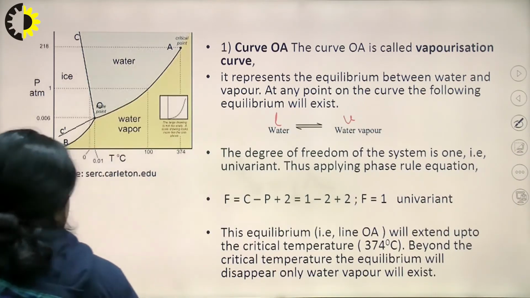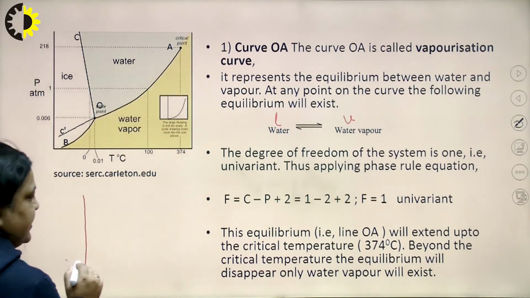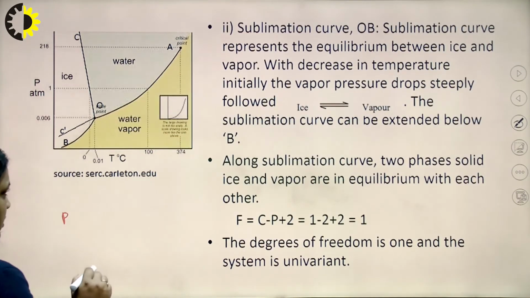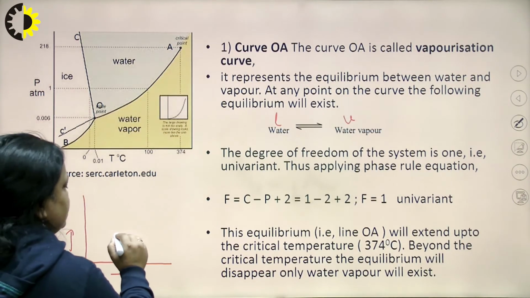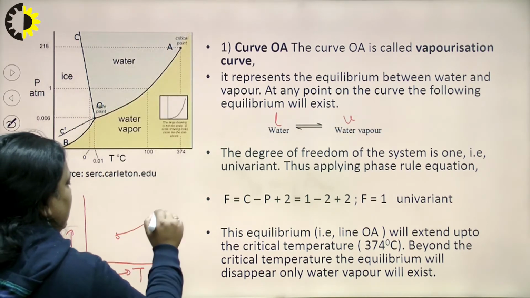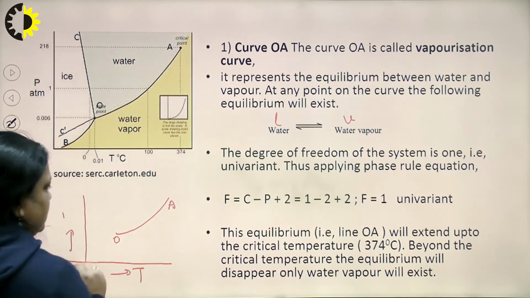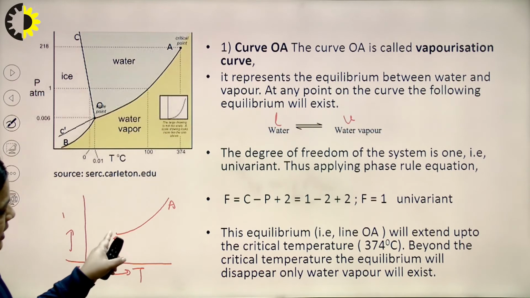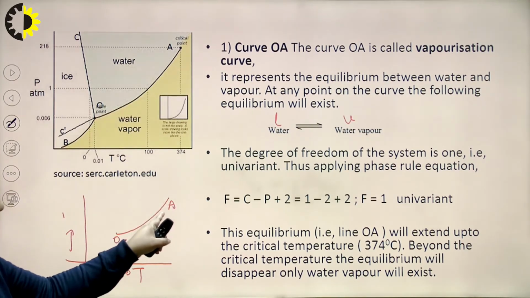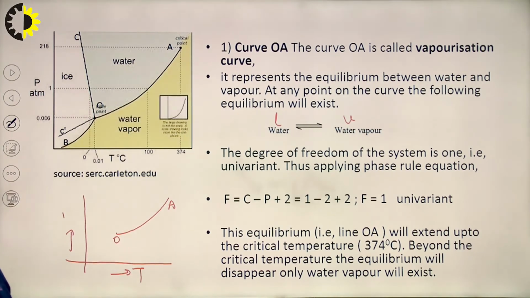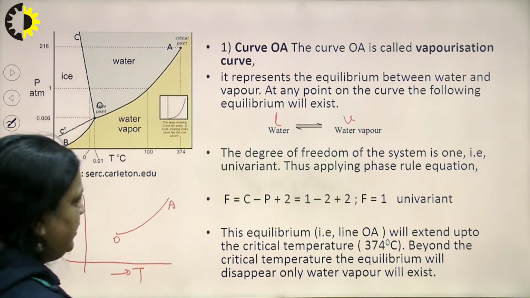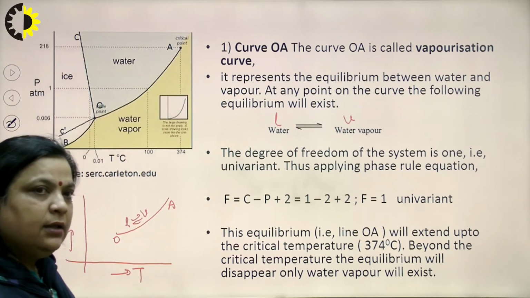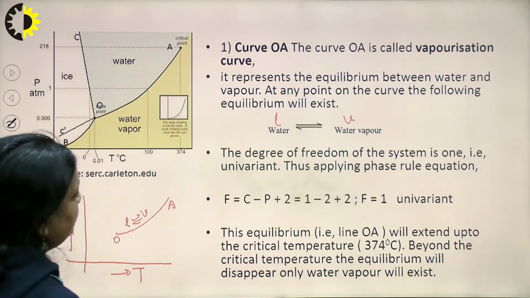So, when we draw the phase diagram, on the x axis this is T and this is P, and we start from O and this is A. Here we see that this curve starts from O and ends at A. It means beyond this point the liquid will not be there; the liquid will merge into vapor.